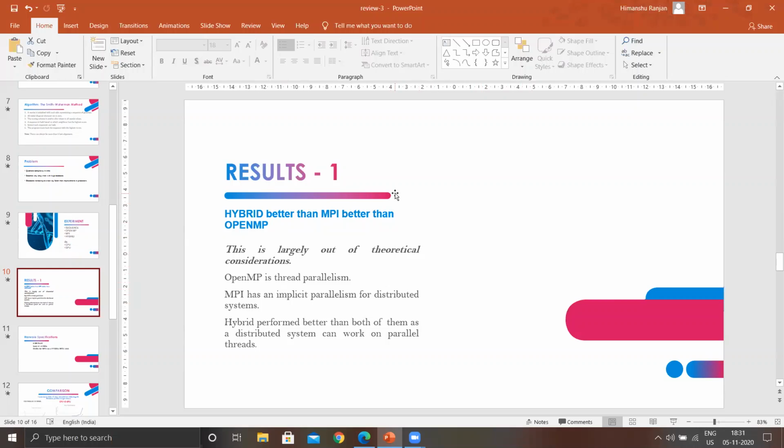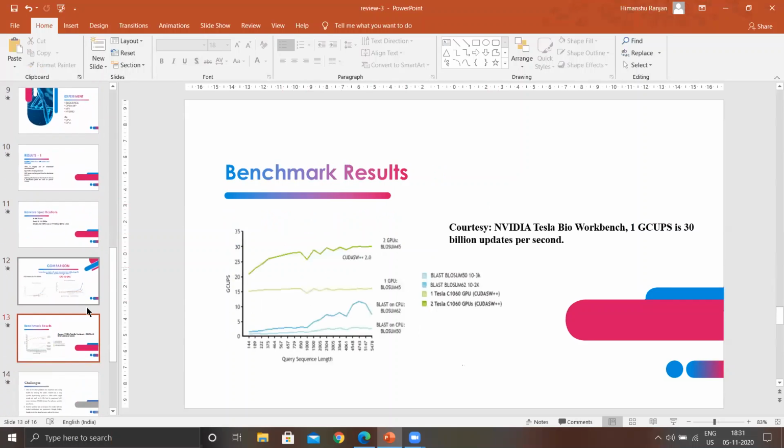Based on our results, which are rather vague, as well as on the theoretical aspect of the subject, we conclude that the hybrid implementation of the project performed way better than both the OpenMP and MPI implementations.